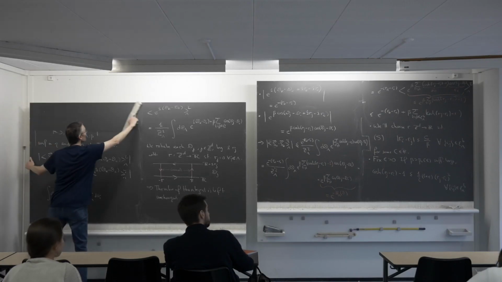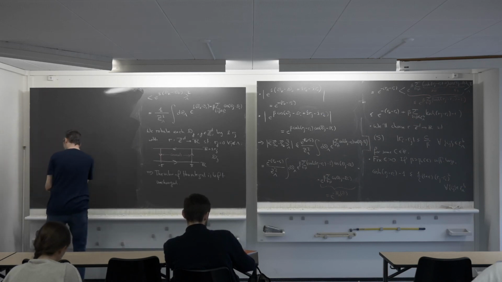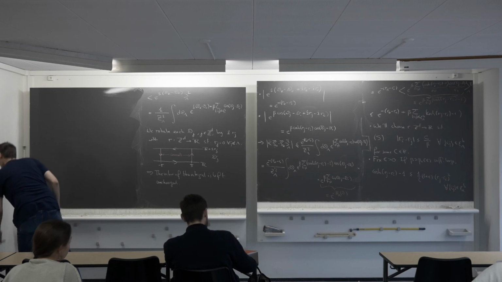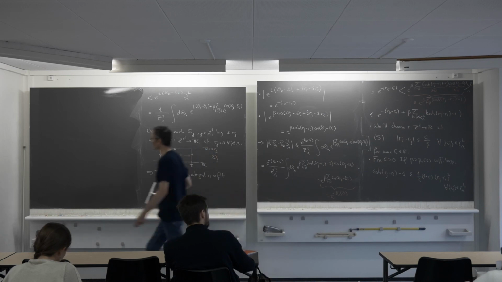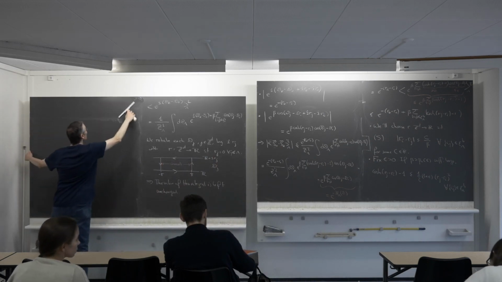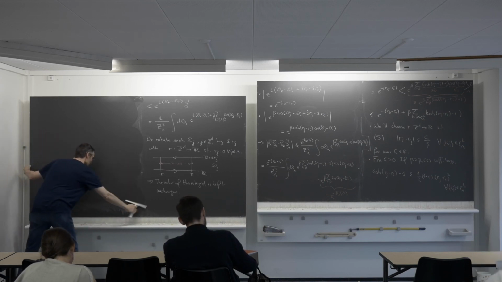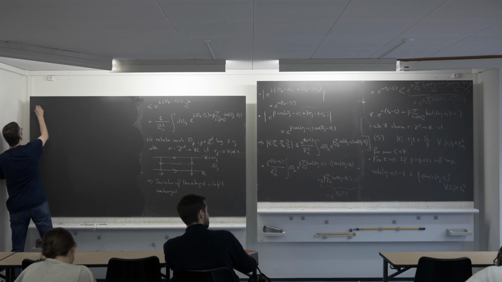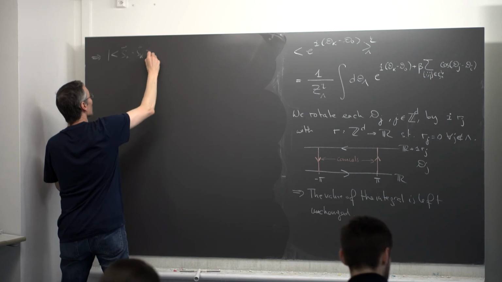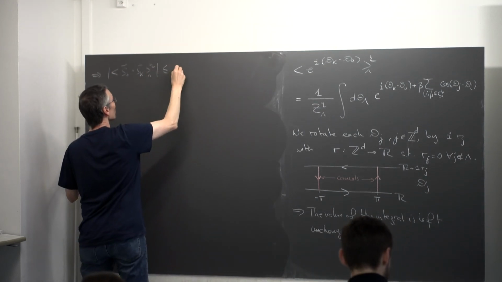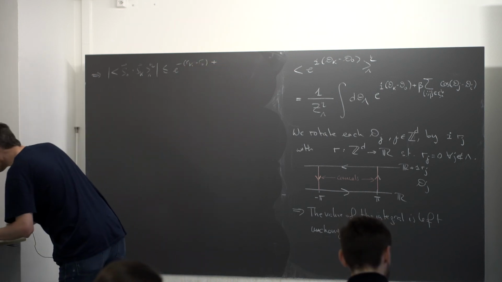It can be easily studied. So you get that the correlation S_0 S_k with boundary condition λ, η is smaller than E^{-(R_k - R_0)} plus, and let me see how I wrote it.